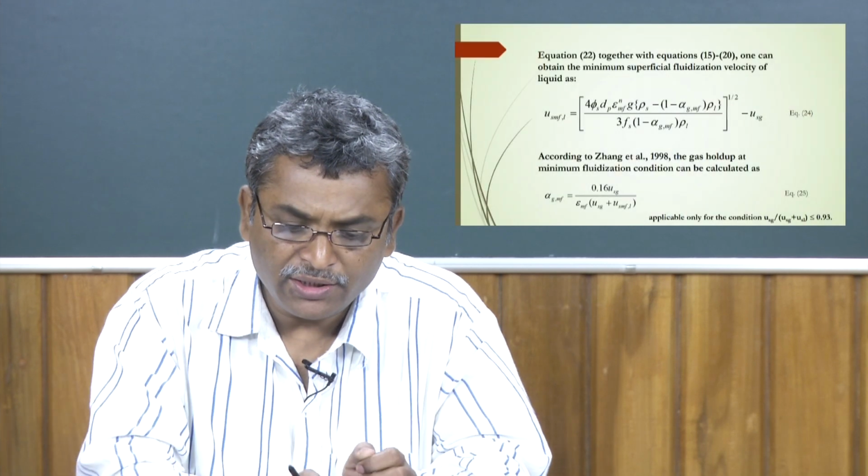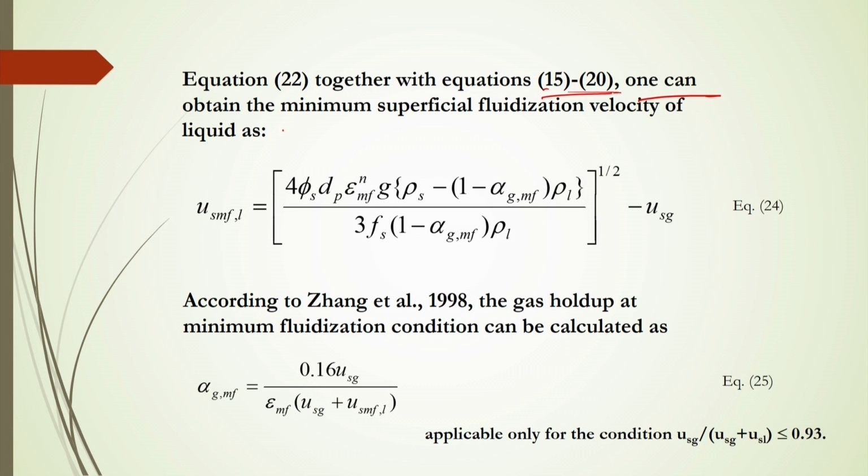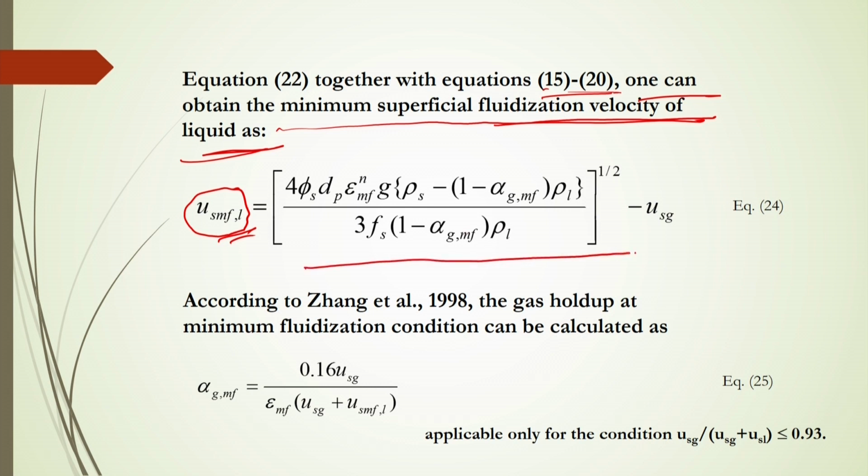Now, equation 22 together with equation 15 to 20, one can obtain the minimum superficial fluidization velocity of the liquid here. So, this will be obtained after rearrangement, and again it is a function of U S G here. So, see U S L MF, that means minimum fluidization condition.